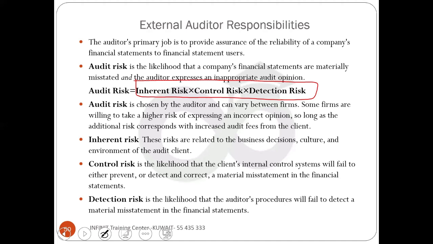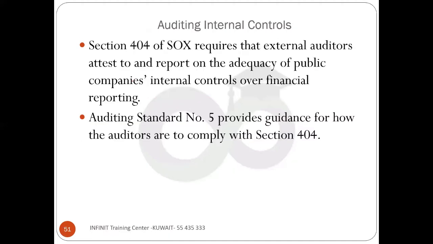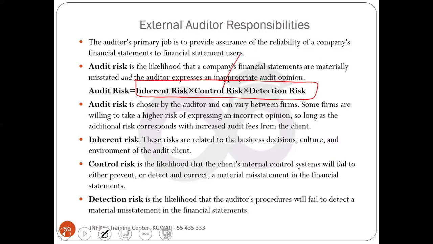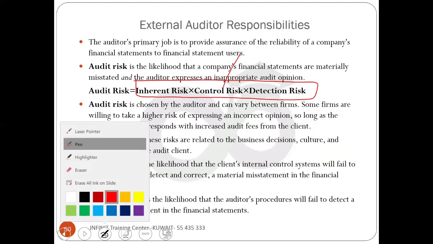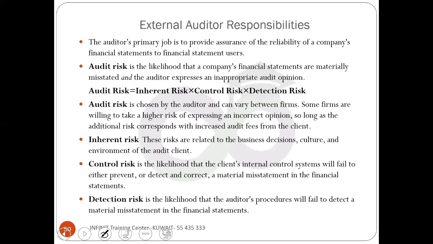So there are some risks that you can reduce. We can say control risk you can reduce. How? By having a lot of internal controls. So when you have very good control, or very low control risk, you can increase the detection risk.